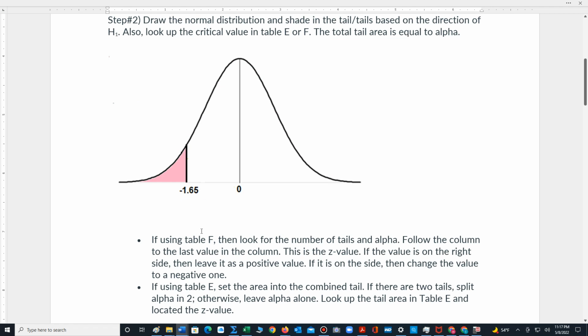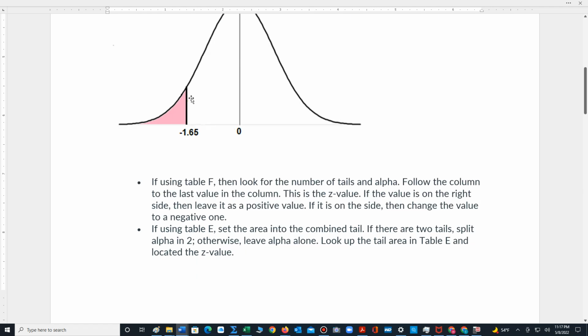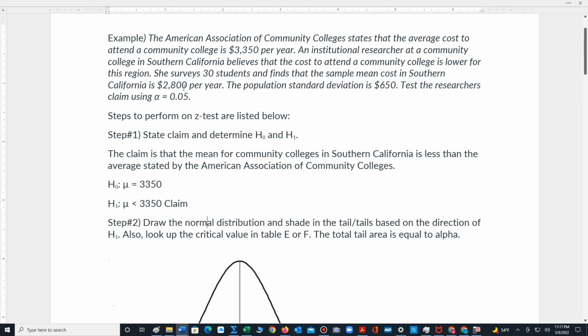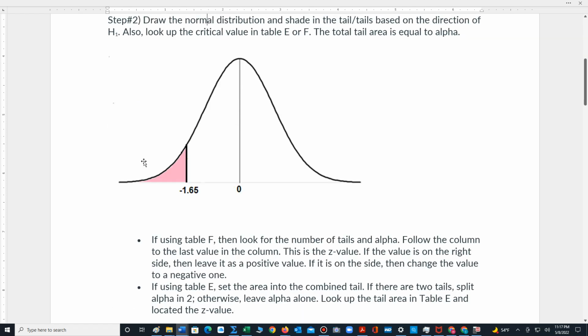Now, in some cases, we have to use table E. In this situation, we have to set our area equal to alpha. And alpha is 0.05. So this tail area is equal to 0.05. It is a one-tail test.